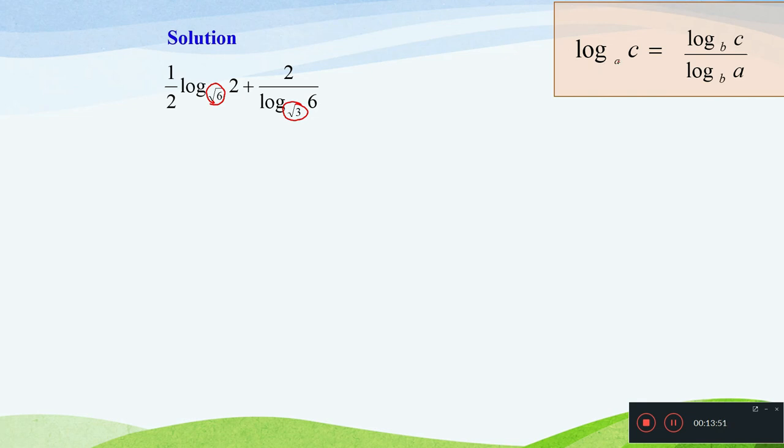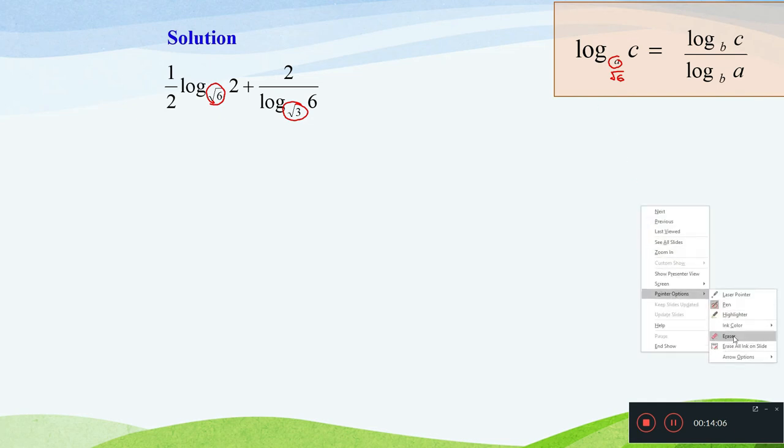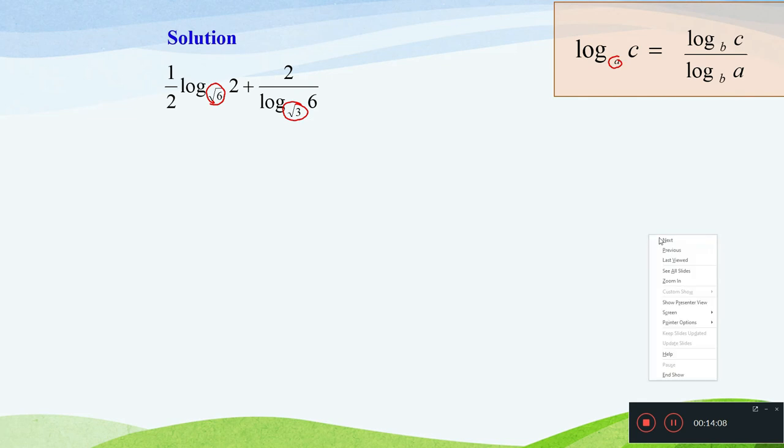Okay, so if A is square root of 6, oh sorry, since we want to change log base square root of 3 of 6 by using this formula, we want to change square root of 3 to square root of 6.